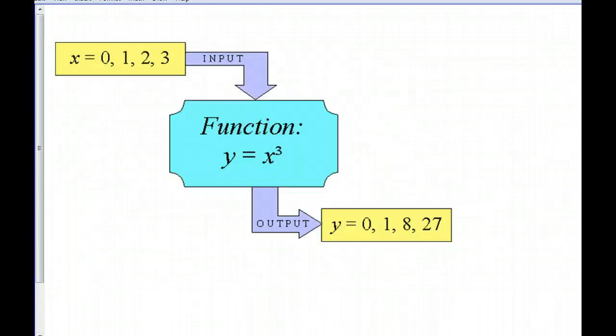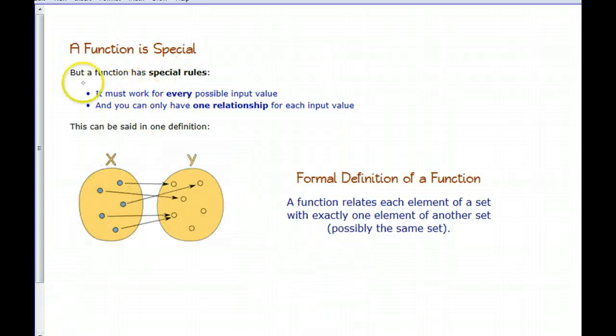Yes. The next part, I have a couple slides here just reviewing what a function is. x is the value that you put into the function, and y is what comes out. That will also sometimes, instead of y, be written f of x. Does that sound familiar? Okay, so we have function. A function has a special set of rules.